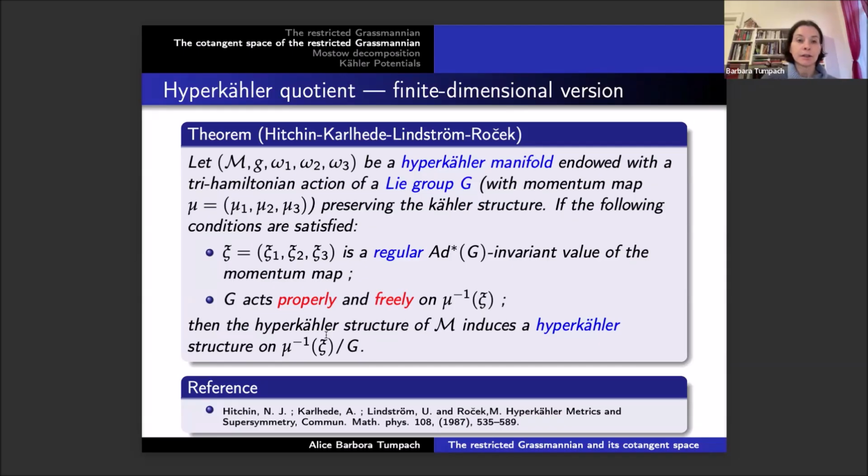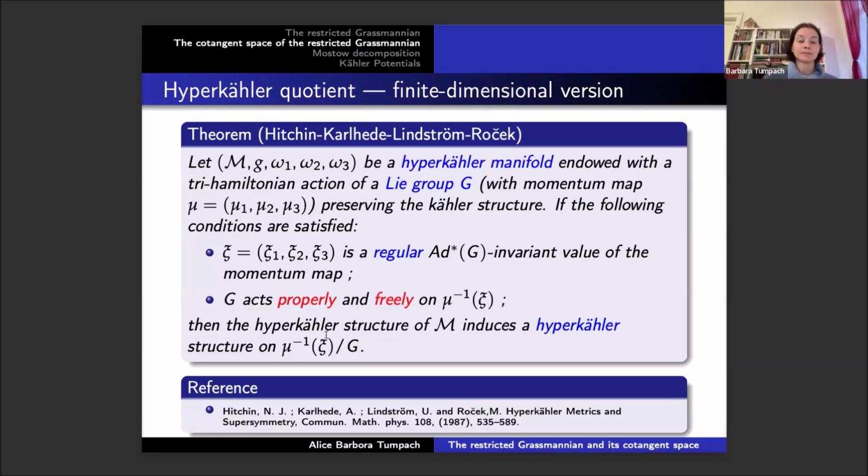In this case, we can also define what a moment map for a group action is. So suppose that you have a group G here in this finite dimensional version that acts on the manifold M and that preserves the three symplectic forms, Hamiltonian with three different moment maps, which I denoted by mu1, mu2, mu3.